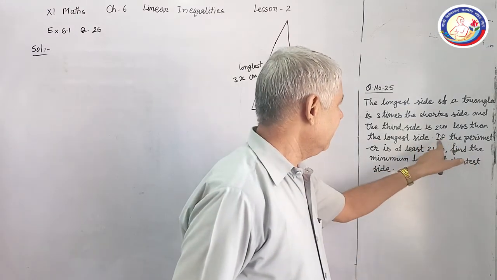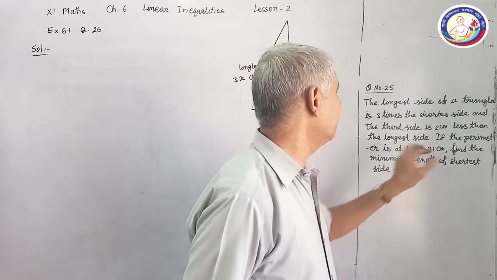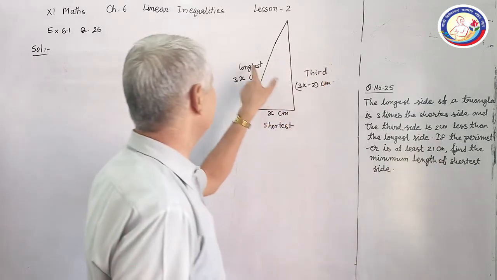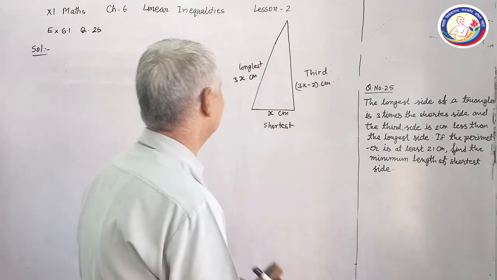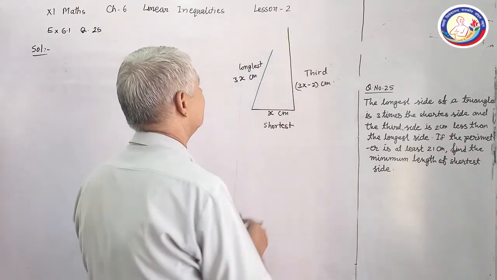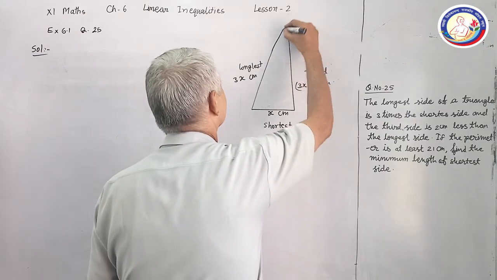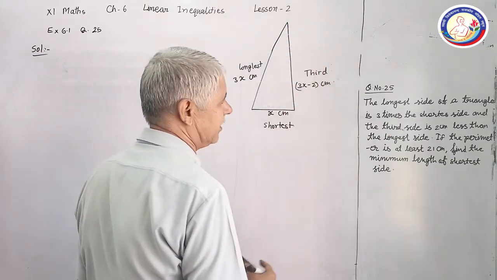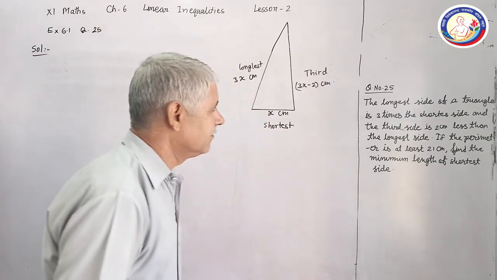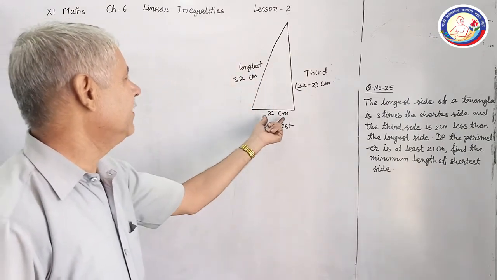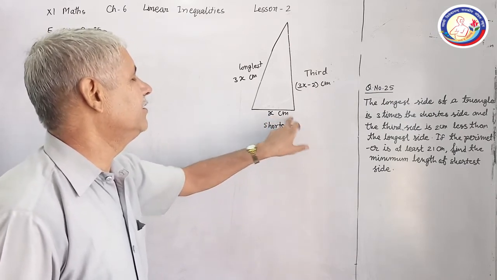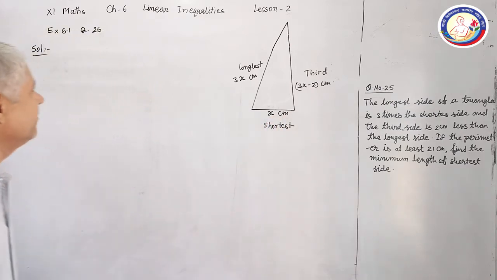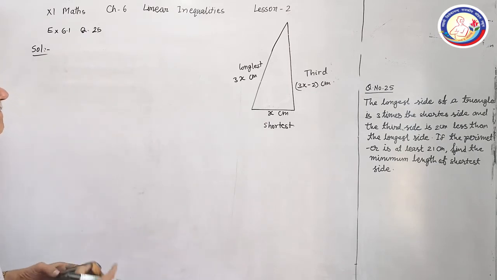What is given ahead? The perimeter is at least 61 centimeters, it means the sum of these three sides. Perimeter of a triangle is determined by the sum of the lengths of the three sides. We have to find the minimum of the shortest side. So we have to determine the value of x, which is the shortest. So I am writing this now.